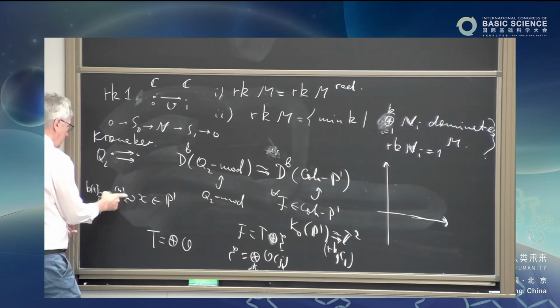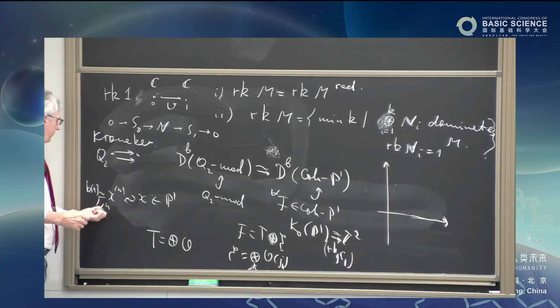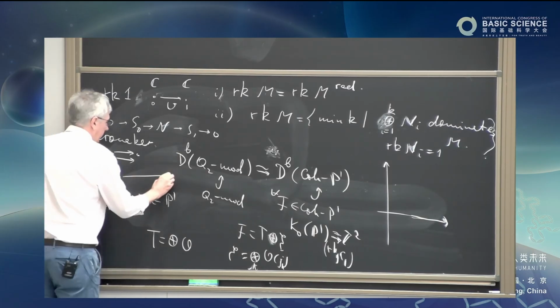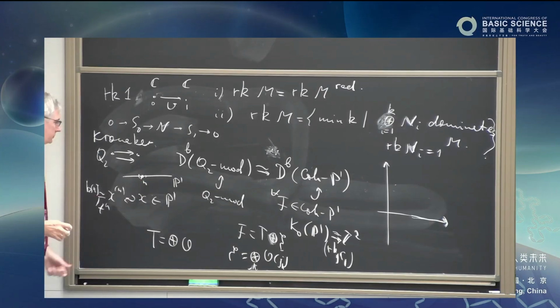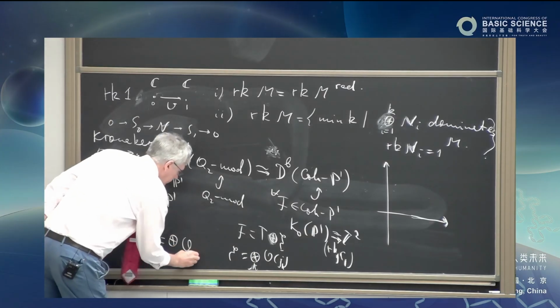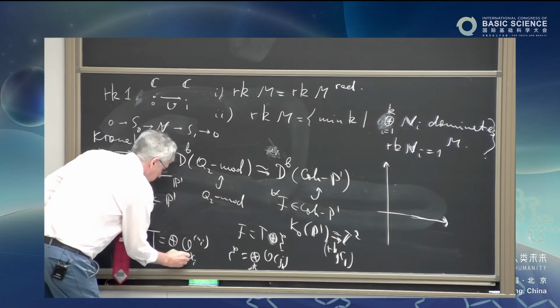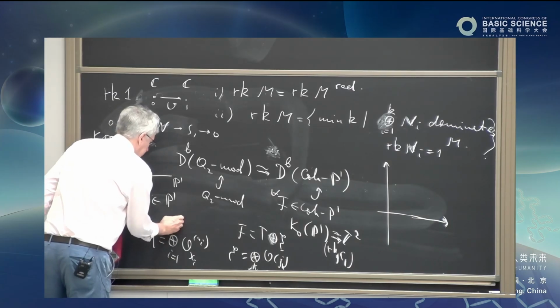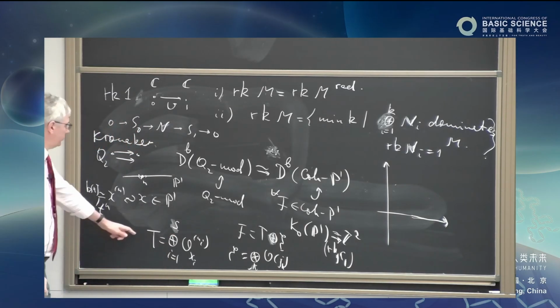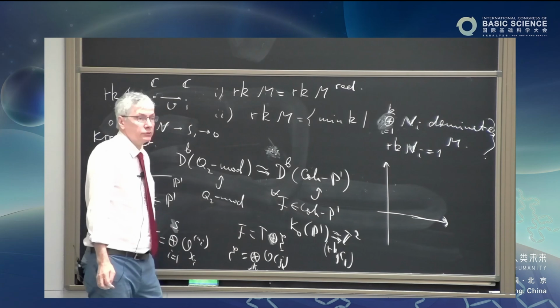So say A1 would be X. So you have P1, we have here a point, and we have some infinitesimal neighborhood of this point. And so we can consider the structure sheaf of these guys over some points xi, with ni, and sum them up. So every torsion sheaf has this form, every locally free sheaf has this form, and every sheaf on a smooth curve decomposes into these two.